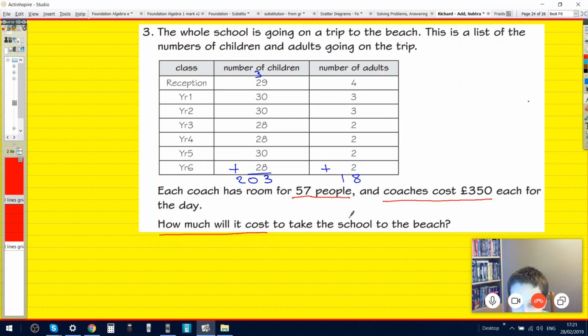Now I think we need to add 203 and 18 together. So 203 and 18. That is 221, I think.